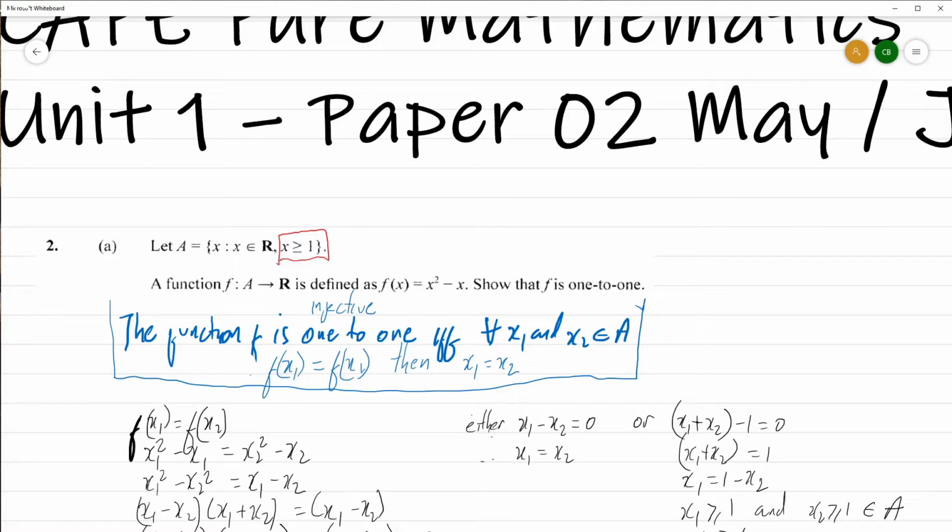Now this result violates our declaration that x2 has to be greater than or equal to 1. So you would say this contradicts the statement that x2.